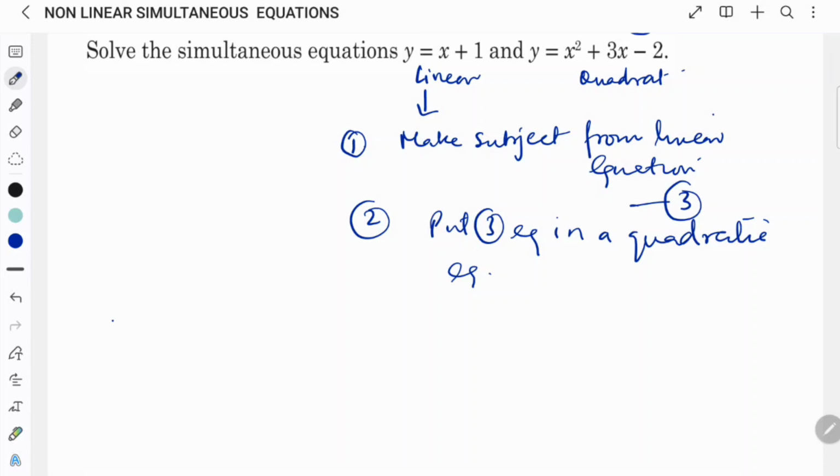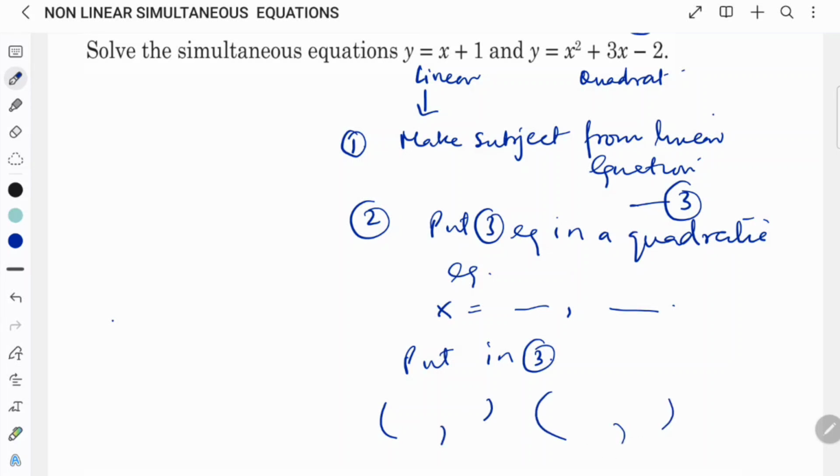Okay, if you make y the subject, then you will have the x value. Otherwise, you will have any one variable coming. For example, if you get the value of x, two answers, put these two answers one by one in the third equation, and you will get the other coordinate.